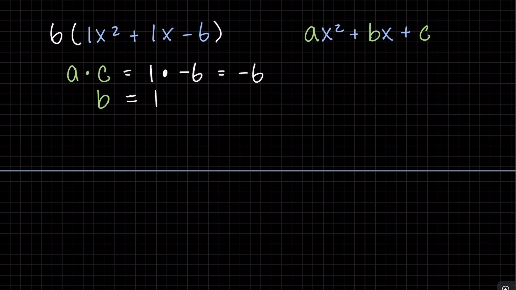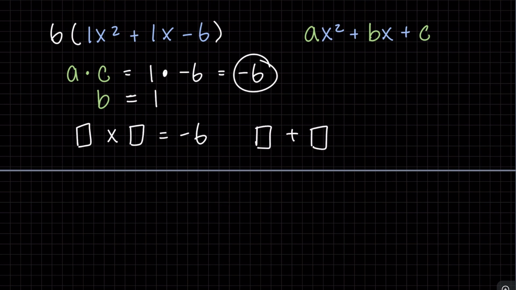So I'm going to ask myself, what two numbers multiplied together will give me negative 6, so this answer right here, but also if I add those exact two numbers, I get 1. So what can those numbers possibly be?